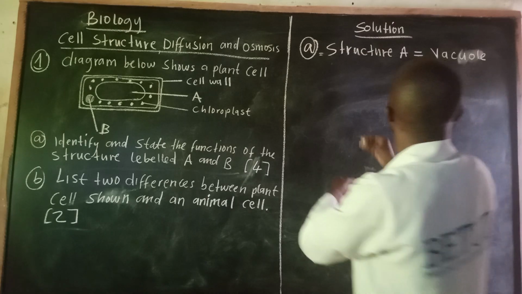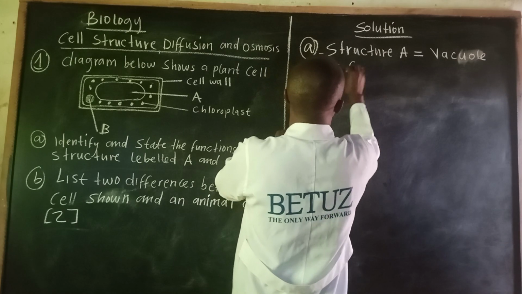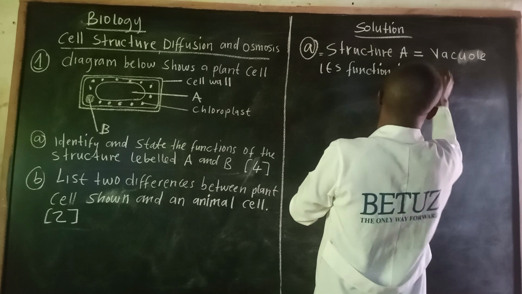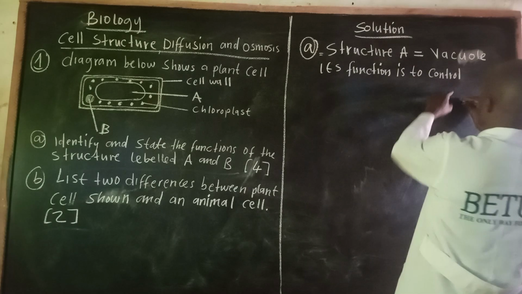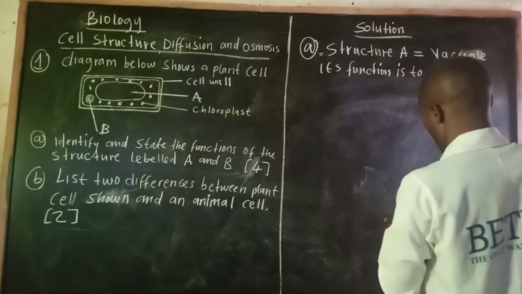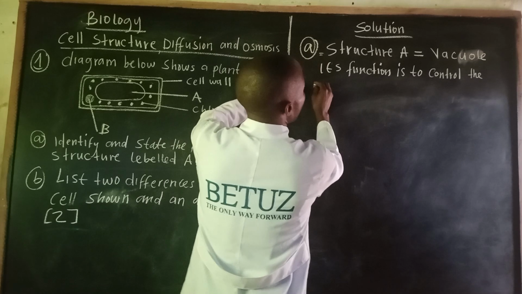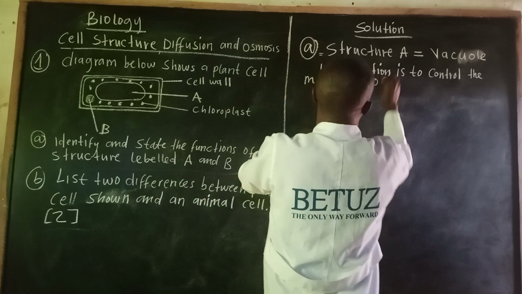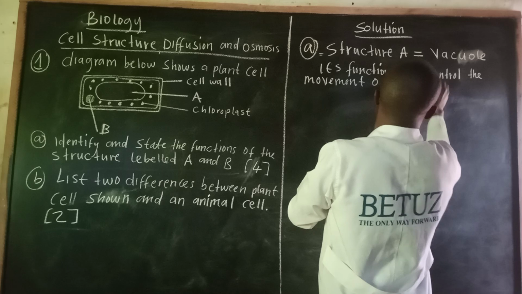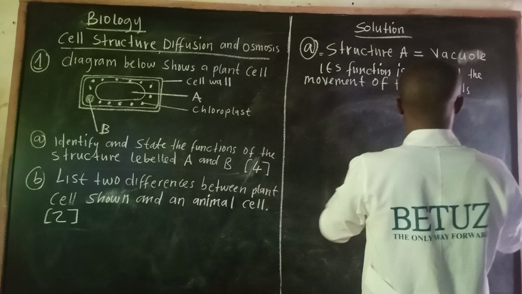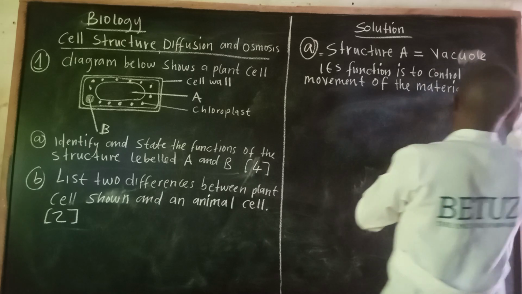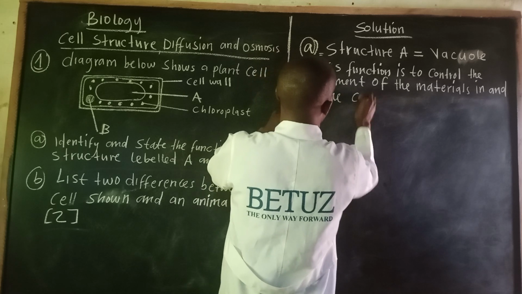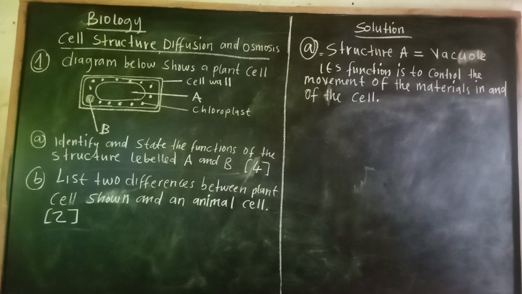So the function of the vacuole is to control the movement of the materials in and out of the cell. Okay, so that is the main function of the vacuole.